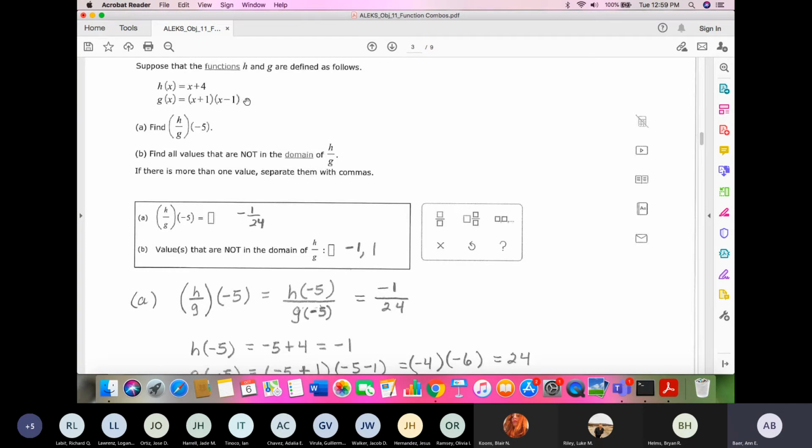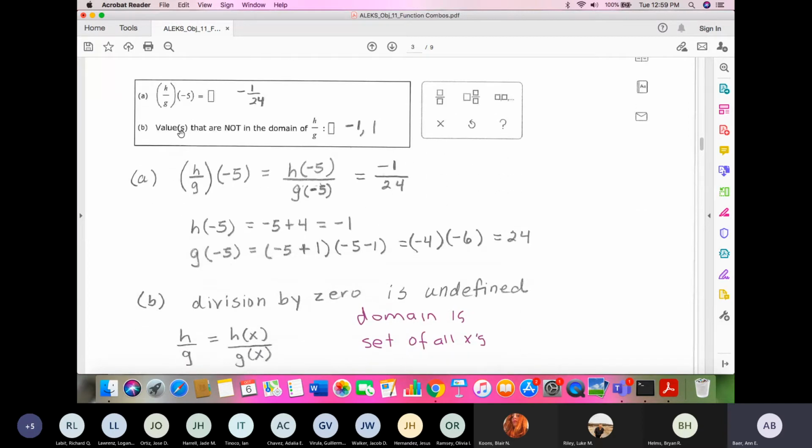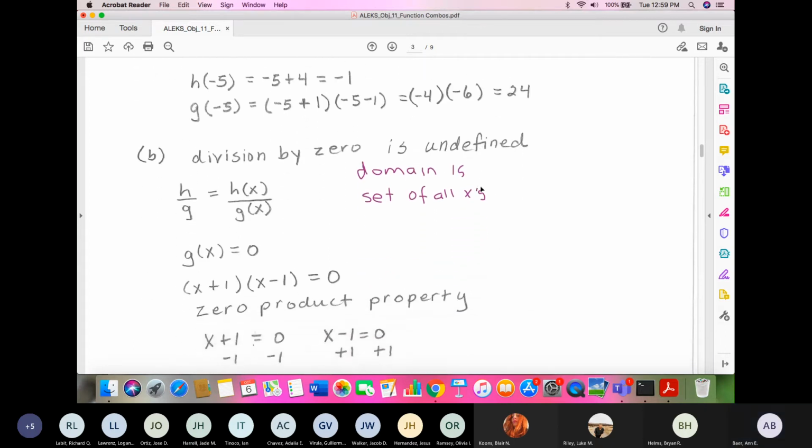Now, let's take our +1 and plug it in here. 1 minus 1 is 0. 0 here times whatever this is is 0. So yes, both of those work. So the values that are not in the domain, because they cause division by 0, are -1 and +1. Any questions on this particular topic?